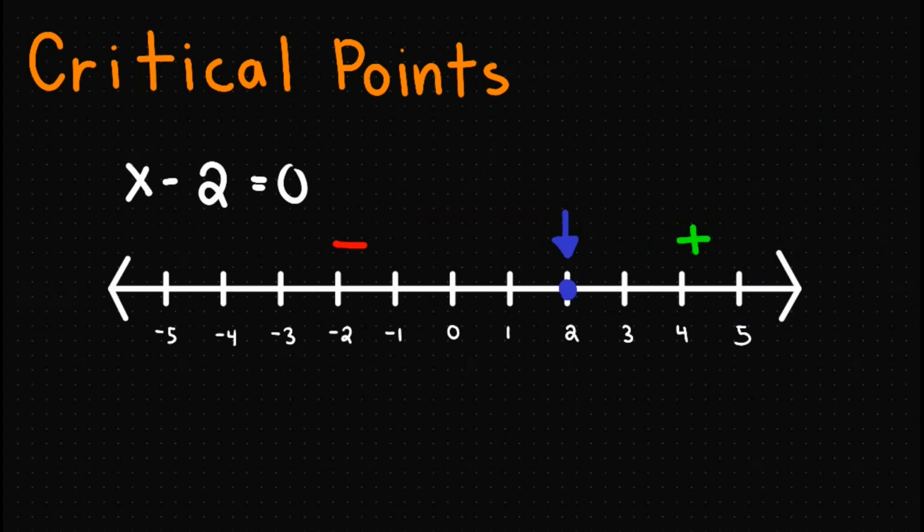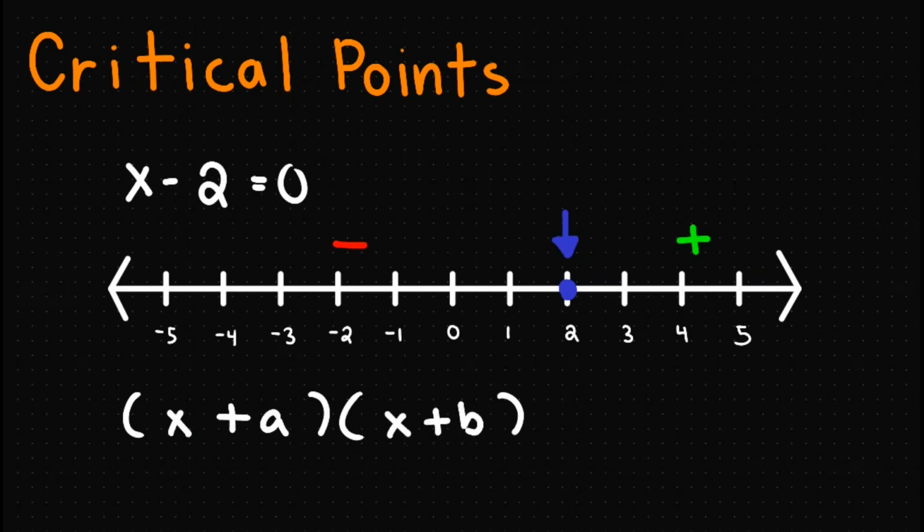So how will we apply this in our quadratic inequalities? Well, our goal in our quadratic inequalities is to be able to factor our quadratic expression into, say, x plus a and x plus b.